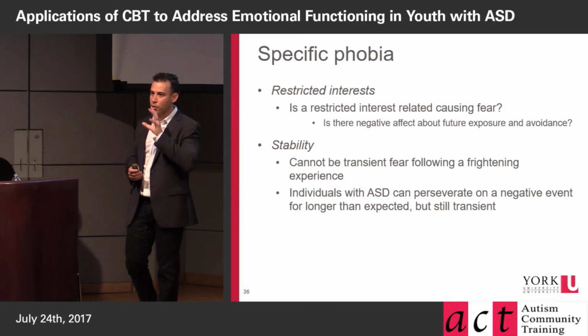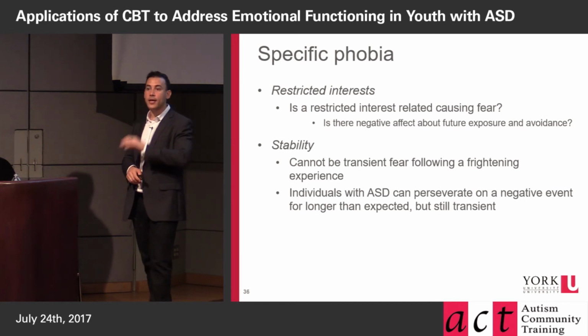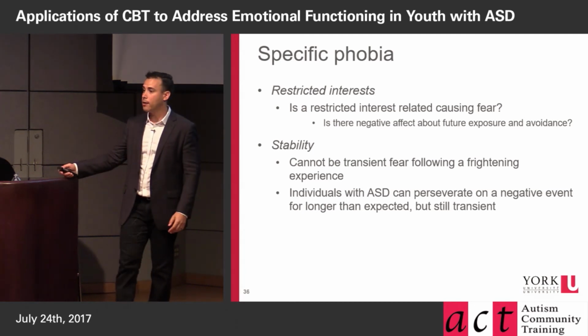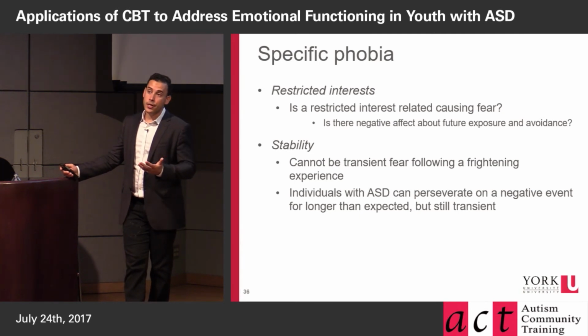There's no real difference in what we need to do to help if you're identifying that there's a specific phobia. The good news is that this is one of the kinds of anxiety disorders that's known to be treatable in a single session. The bad news is nobody, as far as I know, has shown that they've done that with people with autism.